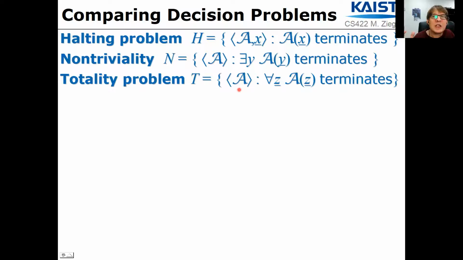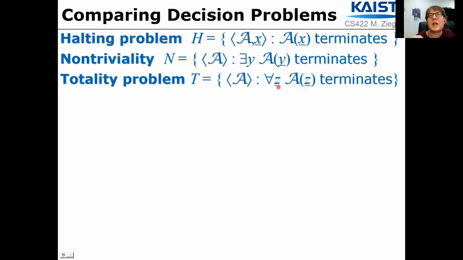But first, let's introduce a third example problem, the totality problem. The totality problem is again a decision problem which only pertains to one algorithm as input, and it asks whether this algorithm terminates on all possible inputs. Now, these are the most useful algorithms, right? Those which terminate on all possible inputs.